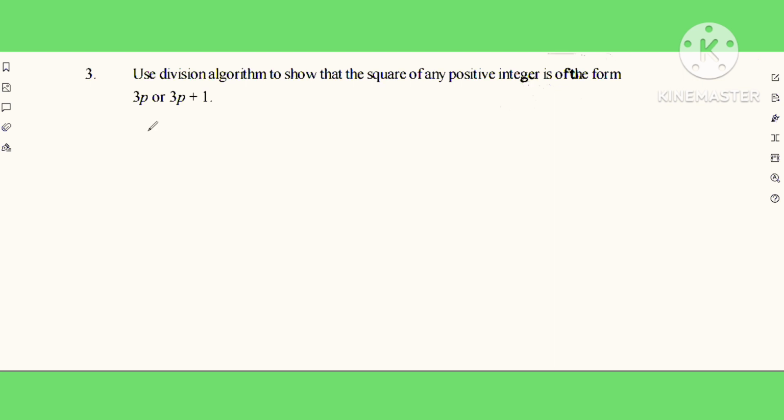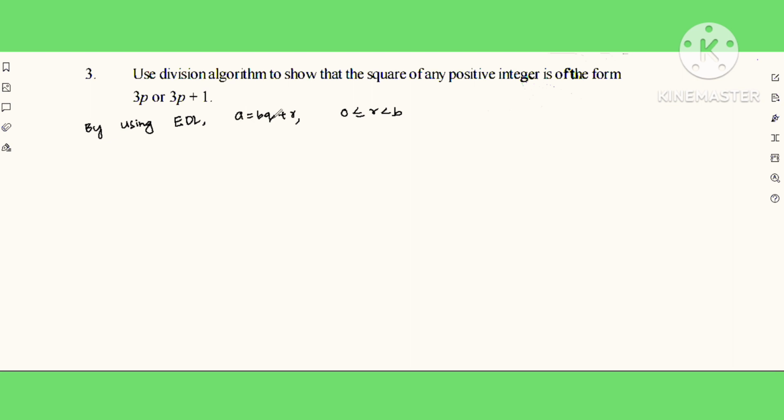Okay, now how to take that? Again, first of all, we have to write by using EDL, division lemma or division algorithm. a equal to bq plus r, and here the condition is 0 less than or equal to r less than b.